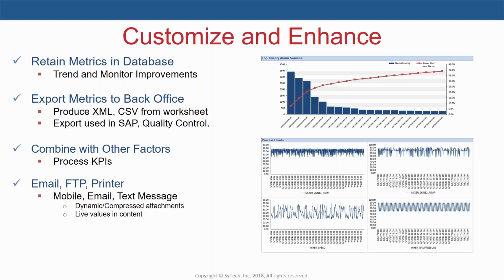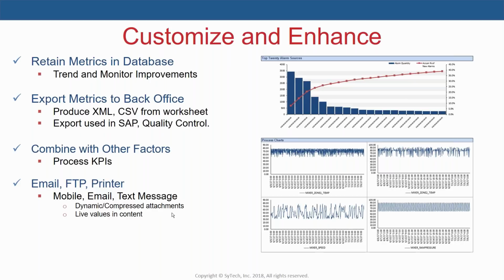In situations where the IT department doesn't like us writing directly to a database, we can produce the information as an XML or CSV, and that then can be used by the IT department to import it into their SAP system, or it may be the quality control engineer needs that information for their purposes.